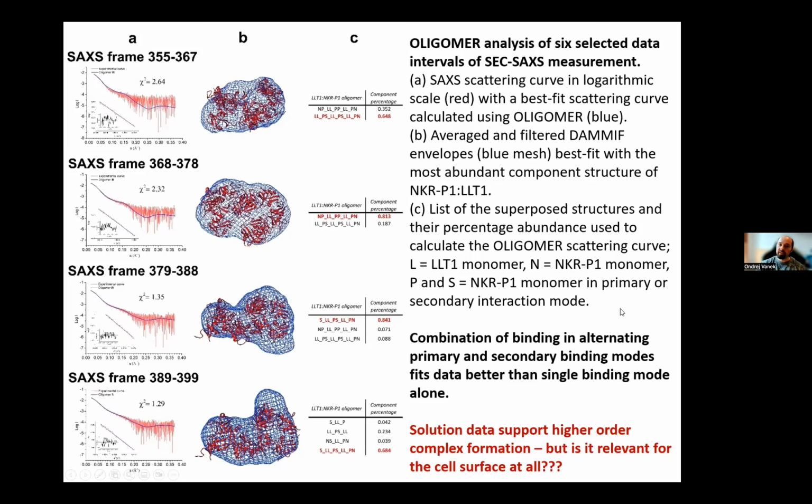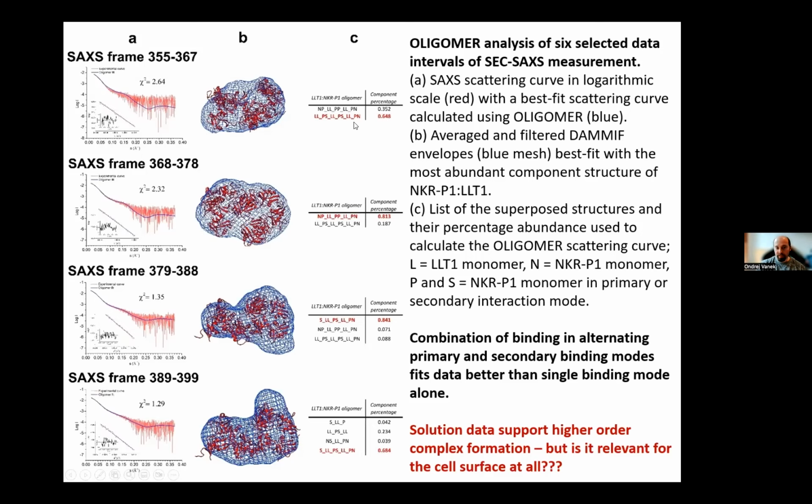And then we used an algorithm called OLIGOMER, which allows fitting SAXS data by using this library of structures. So it was like, I don't know, 40 structures. And the algorithm is trying to find the best combination of all these different structures explaining the observed data. Some of these fits and curves are shown, and the values are shown here.